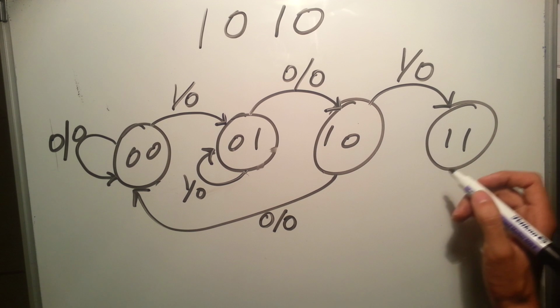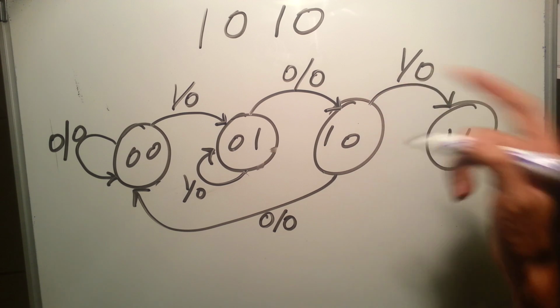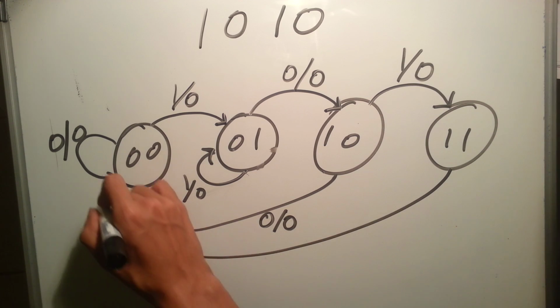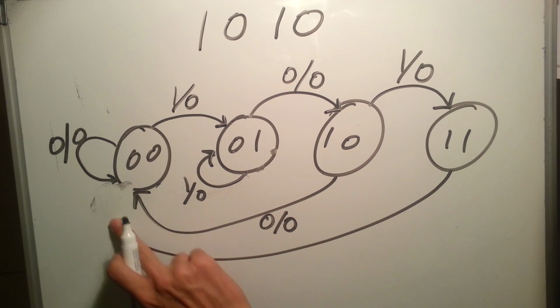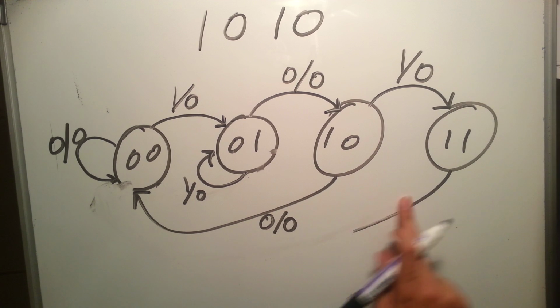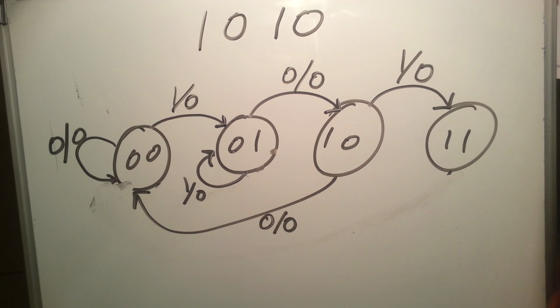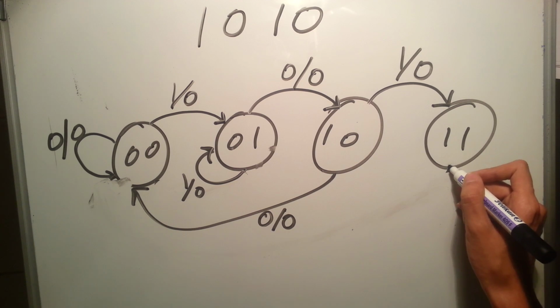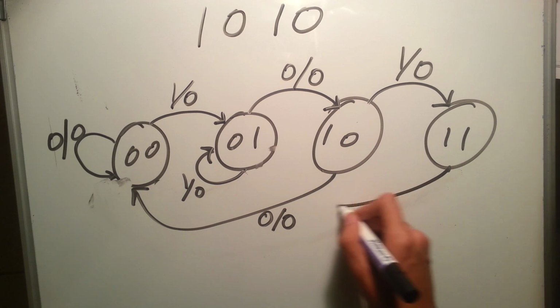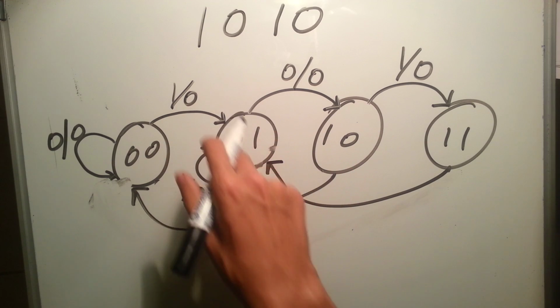For the last one, if you get a 0, you won't go to the first. Sorry, I made 2 mistakes in one video. I'm very sorry. If you got a 0, you will go back to this state, because you already have a 1.